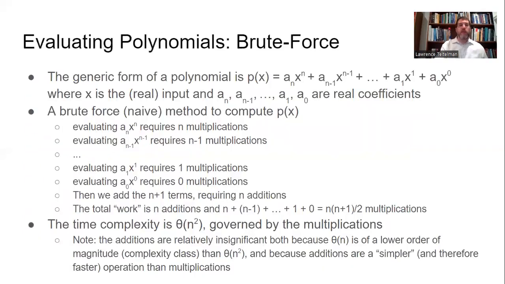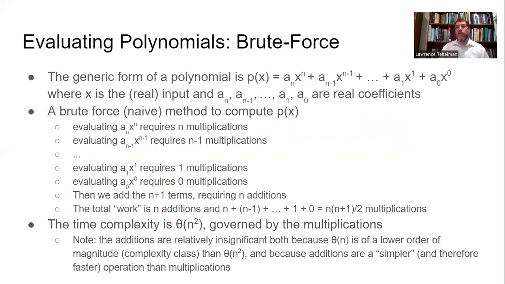Okay, next problem is evaluating polynomials. Okay, who can tell us what is a polynomial? Like x to the power, I mean, n to the power of something. Okay, so a polynomial has a variable. Sometimes it can have more than one variable, but we're going to keep it simple with a one variable polynomial.